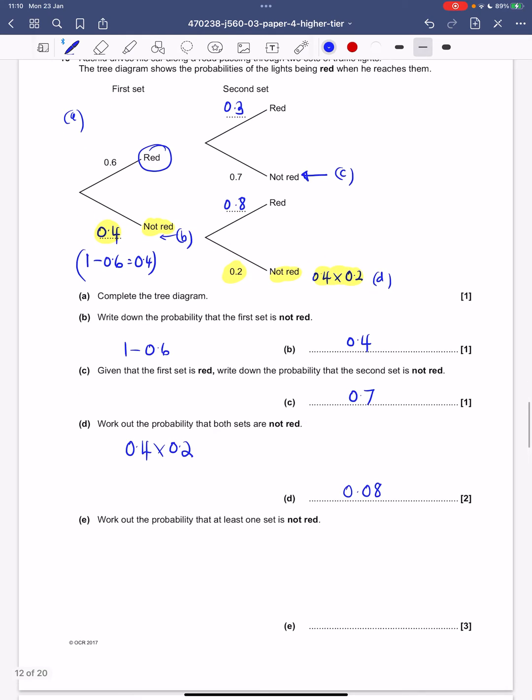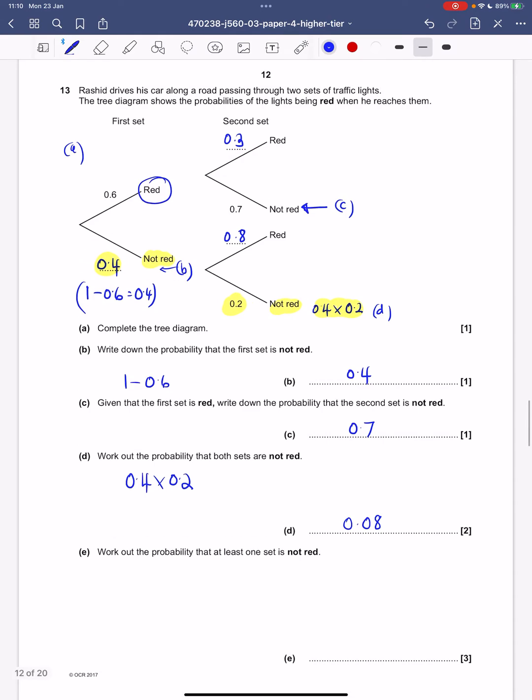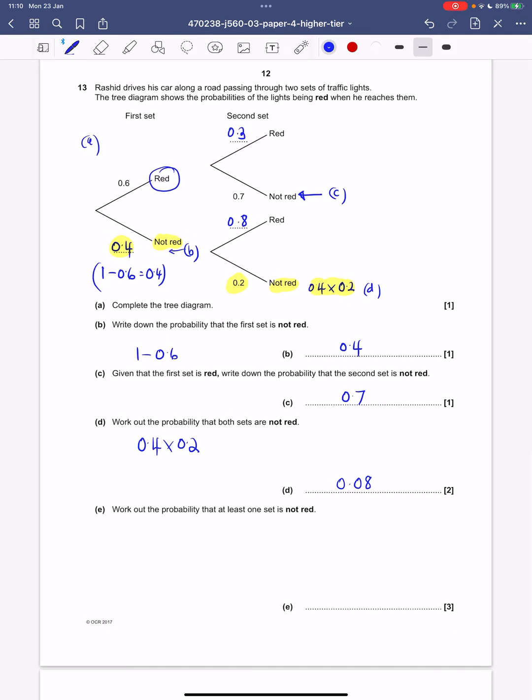And work out the probability that at least one set is not red. So we've either got red and red, red and not red, not red and red, not red and not red. That's all four choices. So at least one is not red: we've got one not red, another not red, and two not reds there.